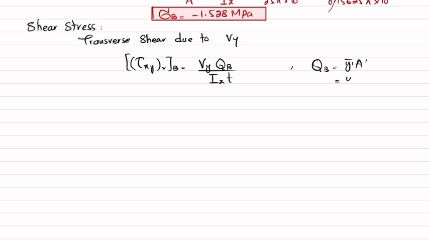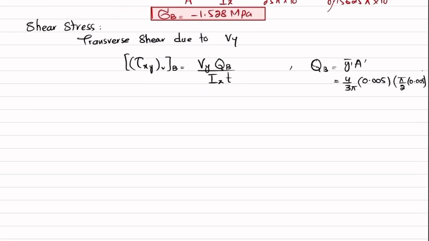So 4 over 3 pi multiplied by the vertical distance 0.005, and the area is pi by 2 of the semicircle, 0.005 whole square. When you solve this, you will get QB equal to 83.33 into 10 raised to the power minus 9 cubic meter.